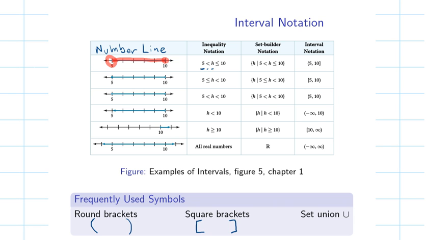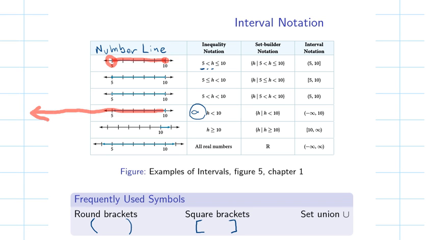In this next one, the interval goes all the way to the left. It keeps on going, and I just write an arrow to show that it goes to negative infinity. And so there's no endpoint there.